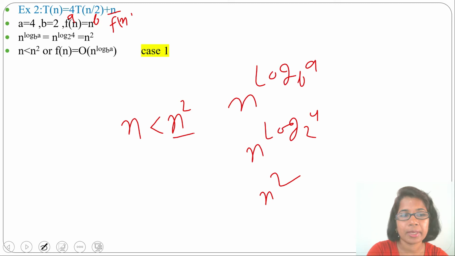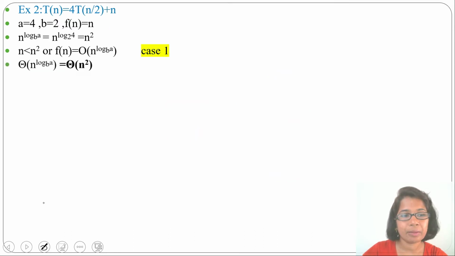In case 1, running time is theta of n power log a base b. Whichever is higher from the function and n power log a base b will be our running time. Here n square is higher, so our running time will be theta n square.